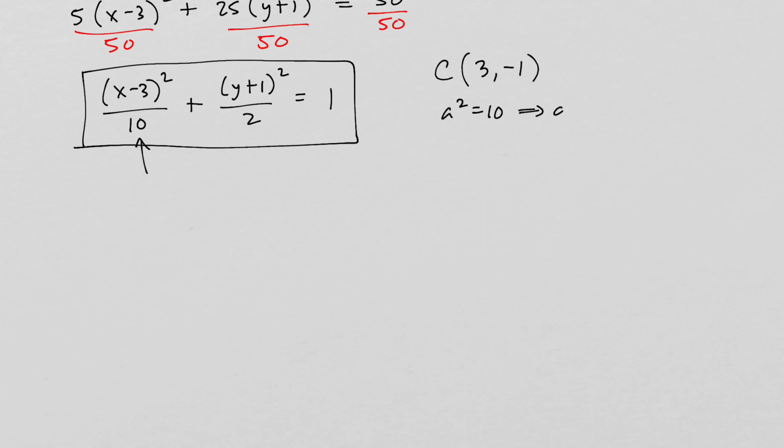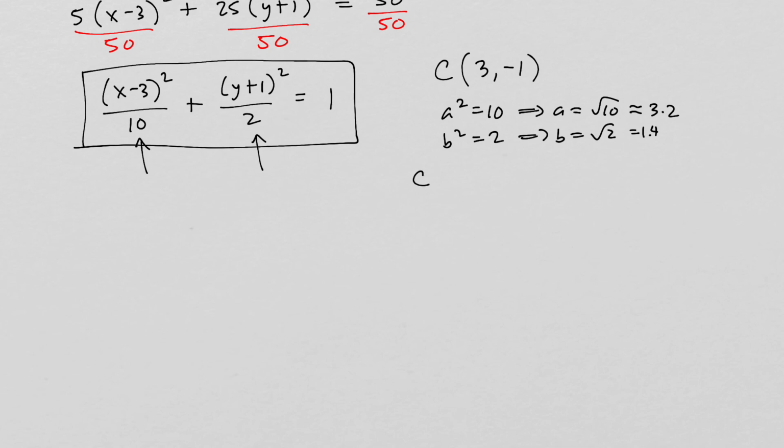So this means that a is the square root of 10. And if you plug the square root of 10 into a calculator, you should get about 3.2. That's helpful when it goes to graph. And then b squared is 2. And so b is going to be the square root of 2, which is approximately 1.4.